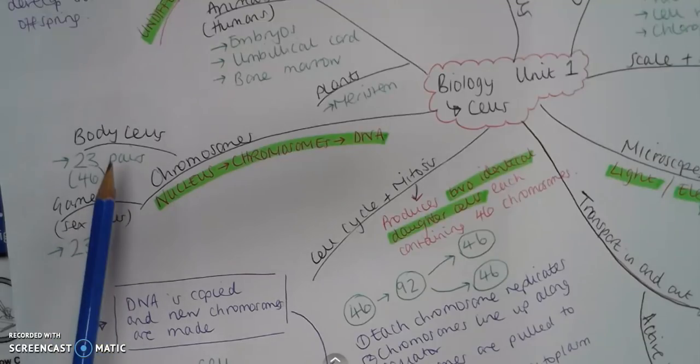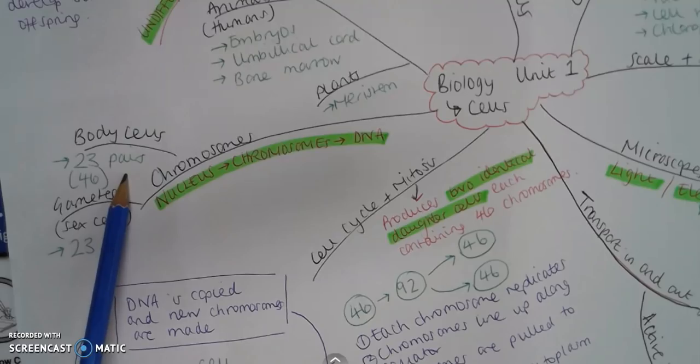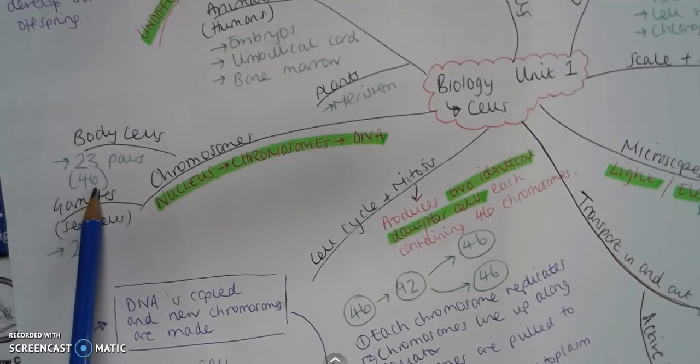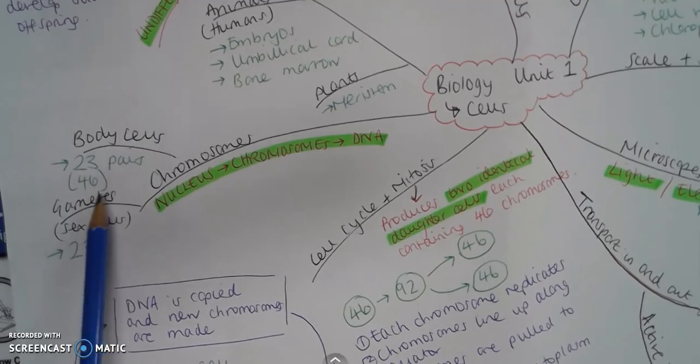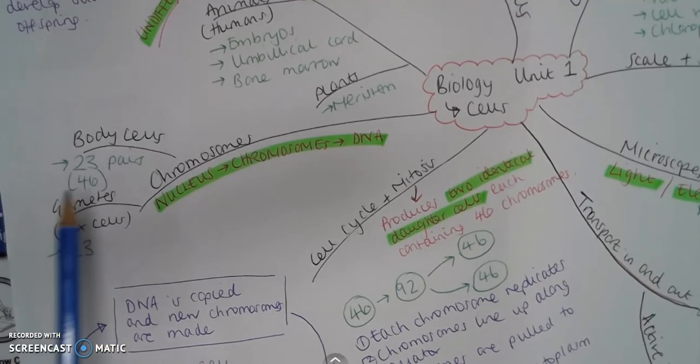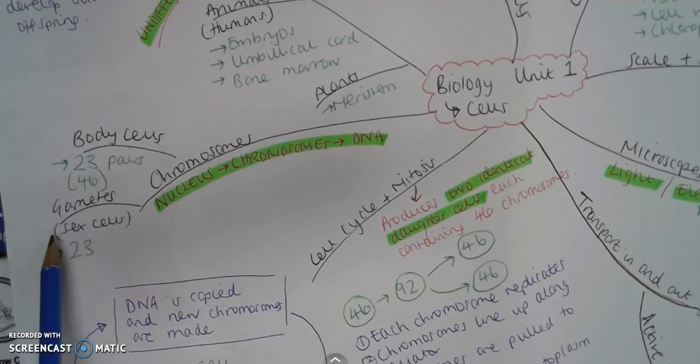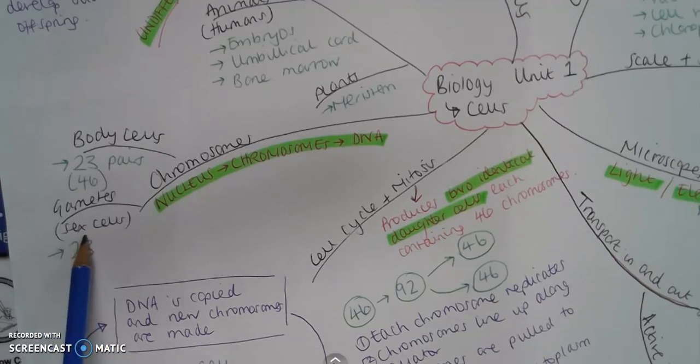Body cells in humans, as I've said already, contain 46 chromosomes in total, and they can also be described as having 23 pairs because every one of those 46 matches up to a corresponding pair. The gametes, which are the sex cells, so the sperm and egg cell in humans, contain only 23 chromosomes. Okay, so 23 single chromosomes are found in those.